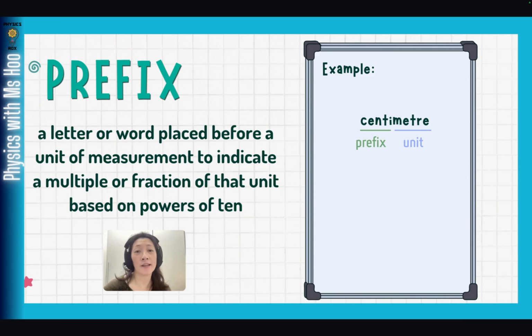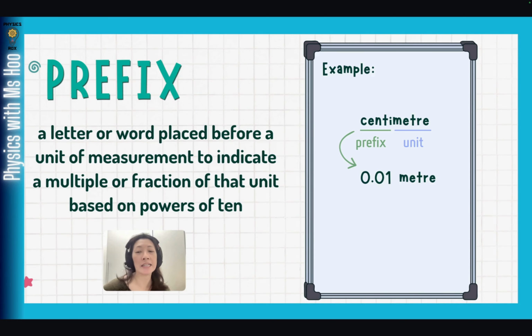By adding this prefix of centi, we've changed the value of the unit. The term centi has a value of 0.01 meters because, as you should have learned before this, 1 centimeter is 0.01 meter. So instead of saying 0.01 meter, you can say 1 centimeter. It has the same value.